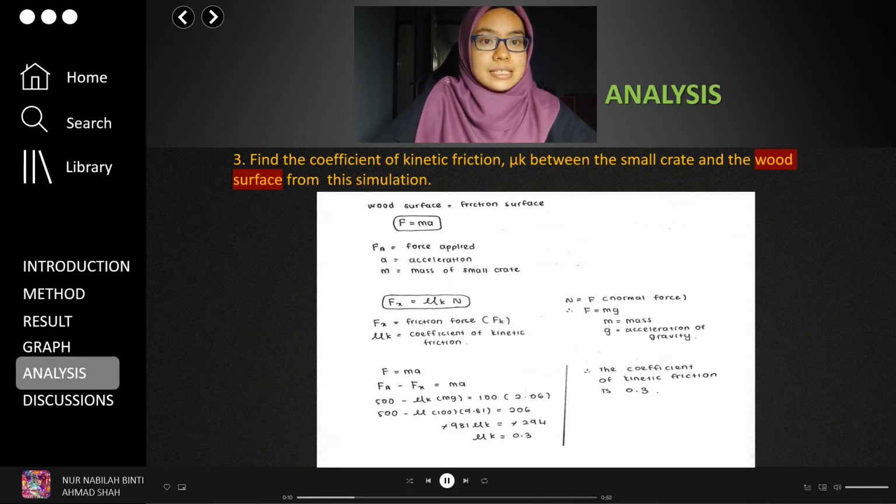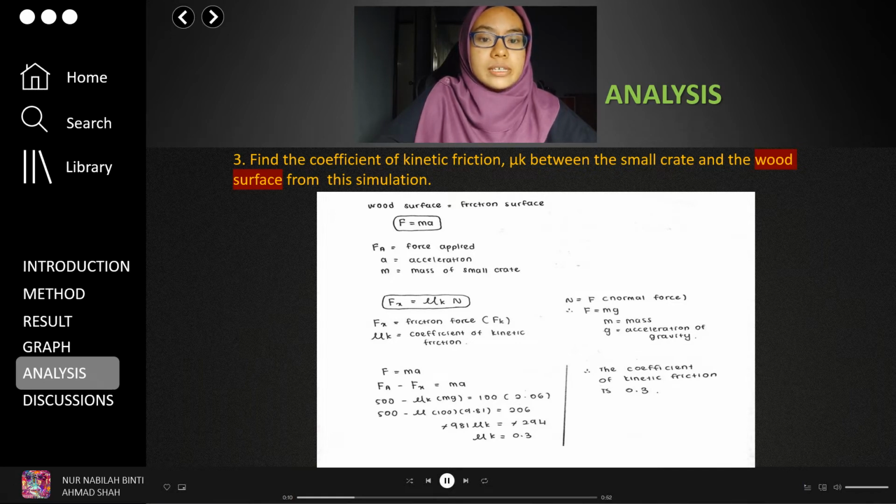The formula here is F equals ma. Why? Because as I said at the beginning, F is directly proportional to a, the acceleration. F is the force, m is the mass of the small crate, and a stands for the acceleration.